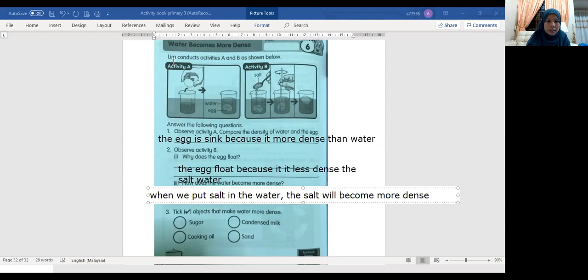The answer here: when we put sugar and condensed milk, the water will become more dense. So this is the answer. When we put cooking oil, no, cooking oil will float in the water. I hope all of you completed copying the answer.